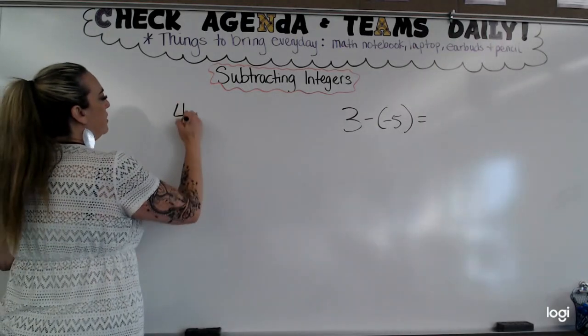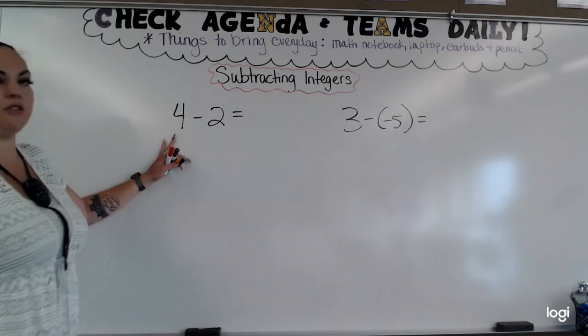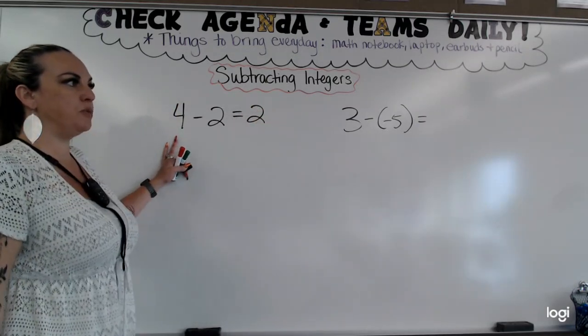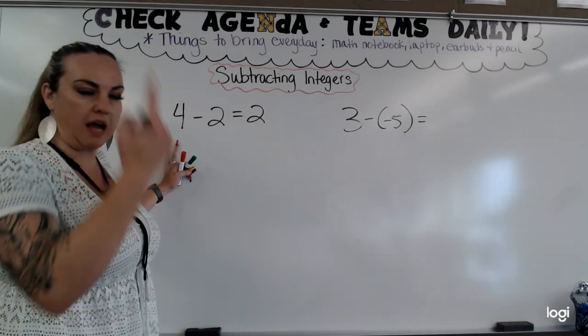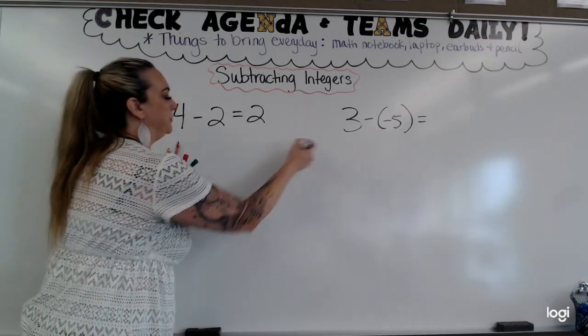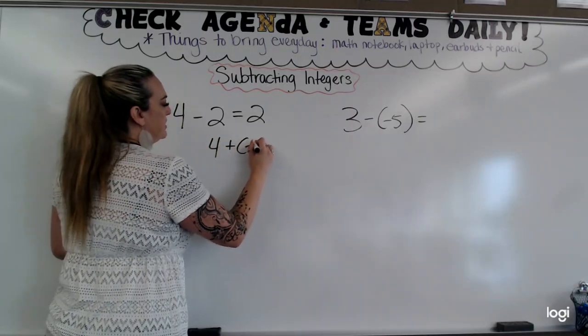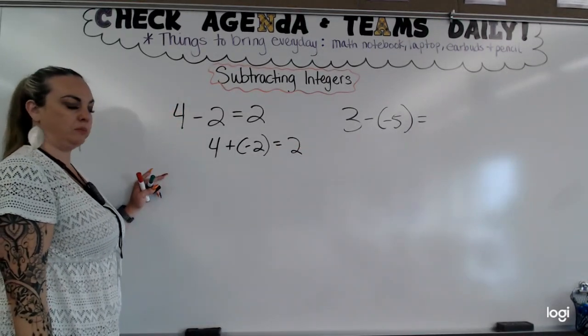I have 4 minus 2. I know that 4 minus 2 is 2. But now I need to rewrite this as an addition problem, just to get my mind thinking and practicing about what this is going to mean later. 4 minus 2 is the same as 4 plus negative 2. Still gives us 2.